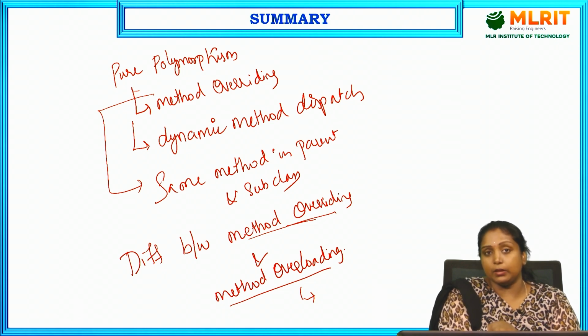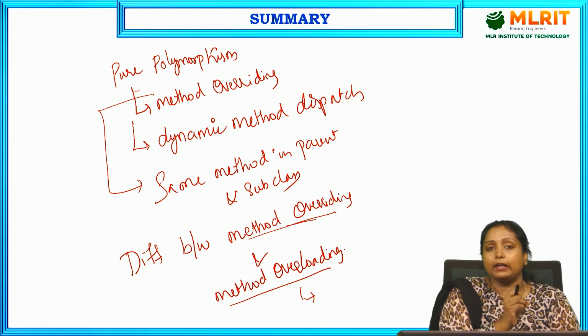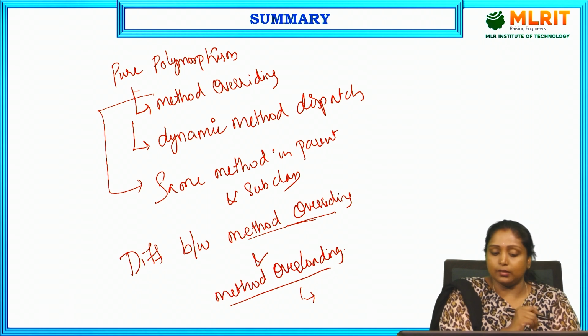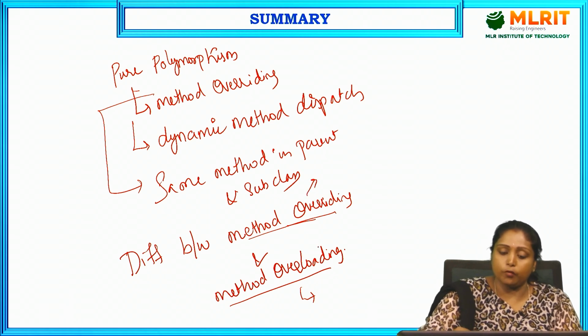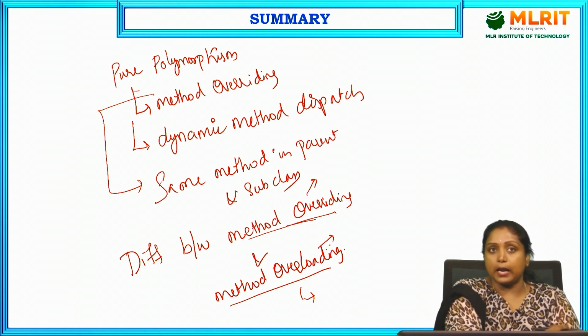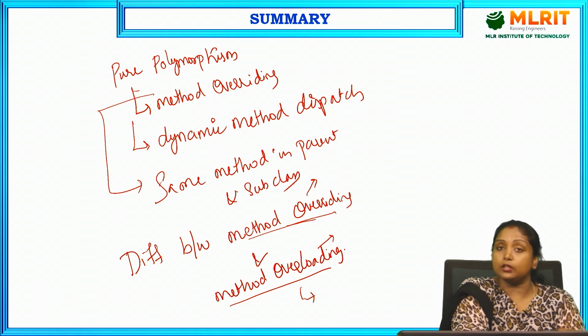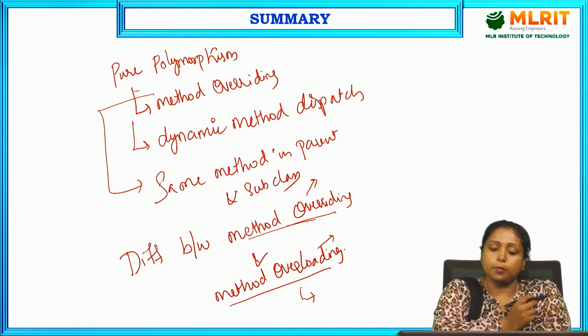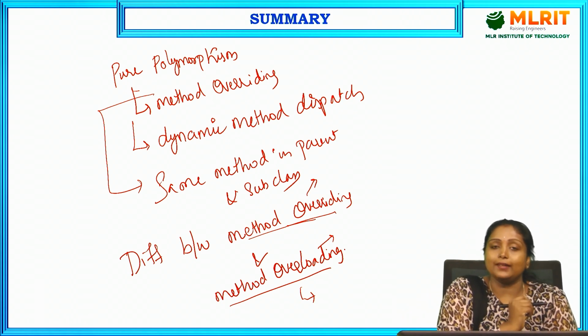But in method overloading, the method name is the same, but it differs in the number of parameters or the data type of parameters. Method overriding is called pure polymorphism, and overloading is called ad hoc polymorphism. Method overriding is also called runtime polymorphism. Method overloading is called compile time polymorphism.